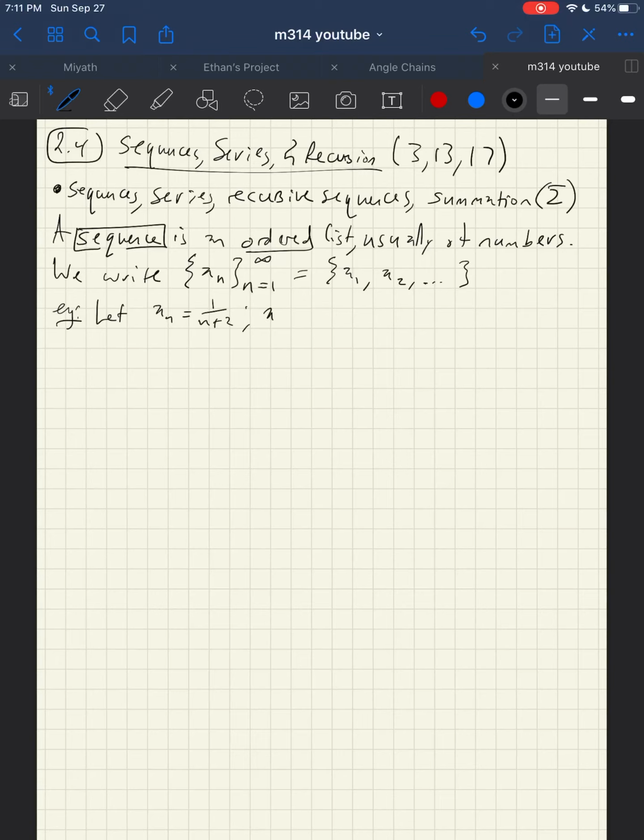Then a sub 1 is 1 over 1 plus 2, which is 1/3. A sub 2 is 1 over 2 plus 2, which is 1/4, etc. We could list off any element of that sequence just by using this formula. This formula is what we call a closed form because it uses the value of n explicitly in the definition.